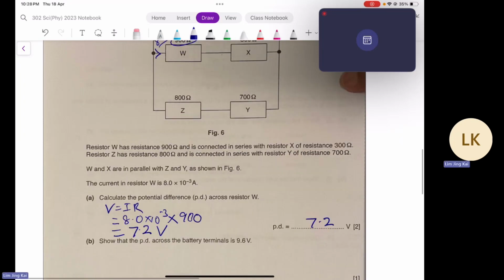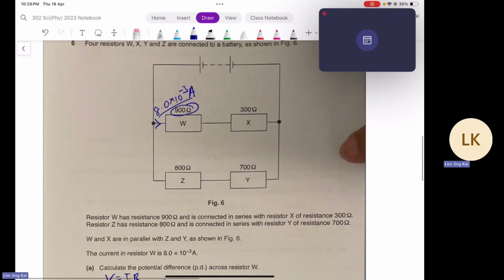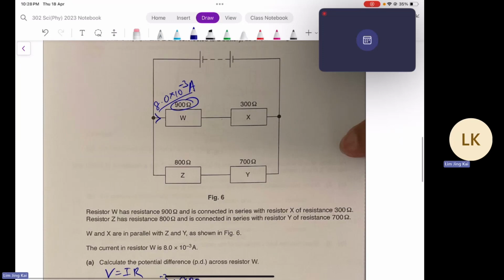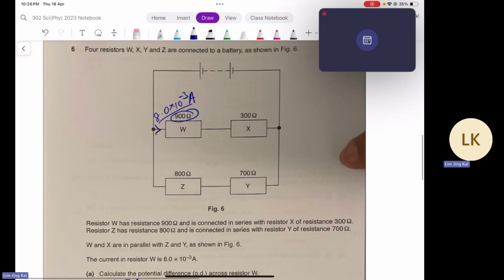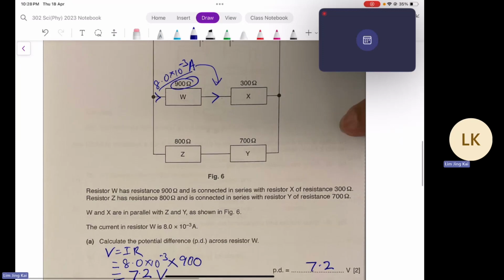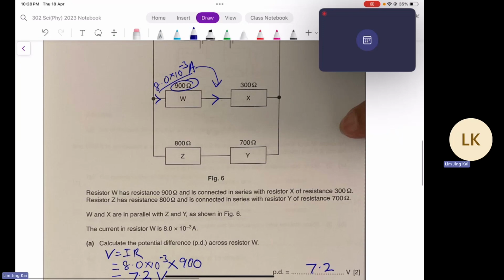Okay, part B, show that the potential difference across the battery terminals is 9.6 volts. Okay, so working on the same idea from part B, we know that the current flowing through here is the same. So the current going through the 300 ohms will be the same as the current flowing through the 900 ohms. I'm going to use this. Why?